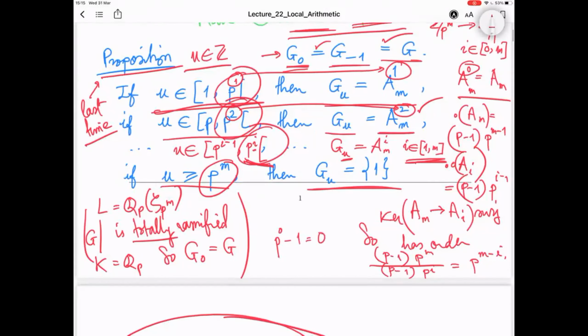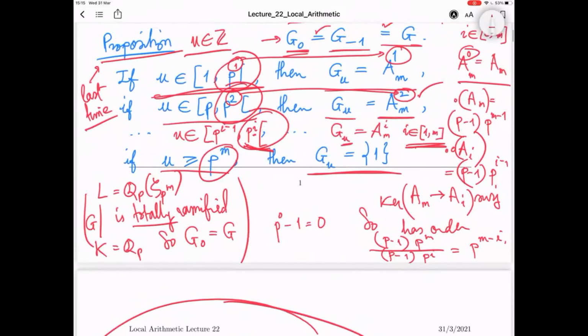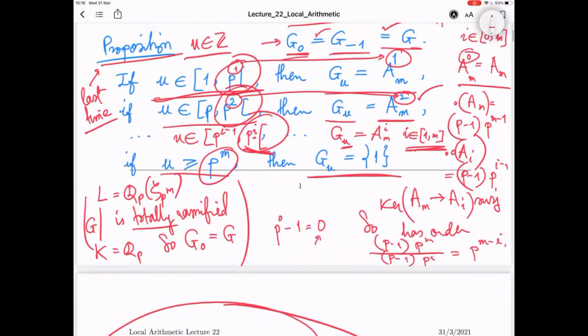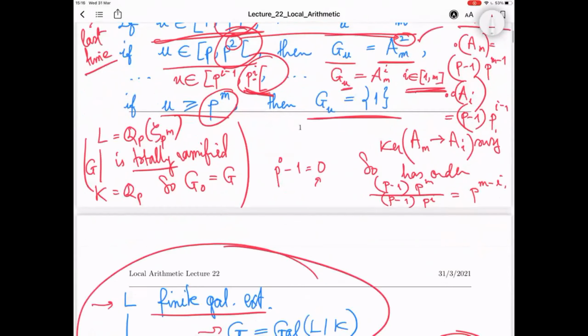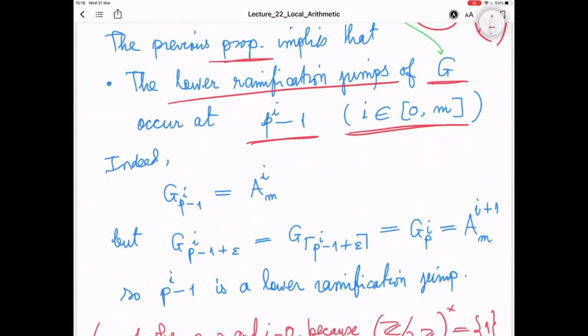What happens for i equal to 0? p to the 0 minus 1, that's 0. Does a jump occur at 0? Yes, it does. Oh, well. It doesn't if p is equal to 2. So one should say i goes from 1 to m if p is equal to 2.